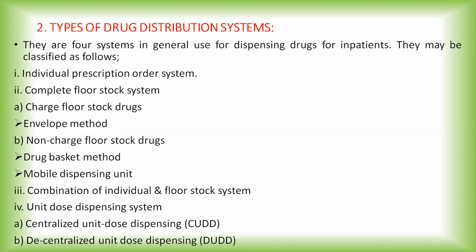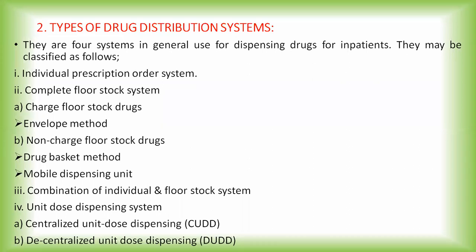So there are different types of drug distribution system. Till now I think you have come to know what a drug distribution system is. Now we are going to discuss the types. First we are going to see the drug distribution systems particularly for inpatients, and they may be classified as follows.